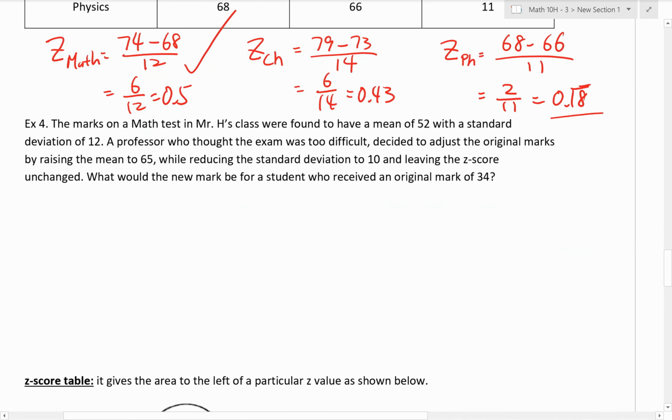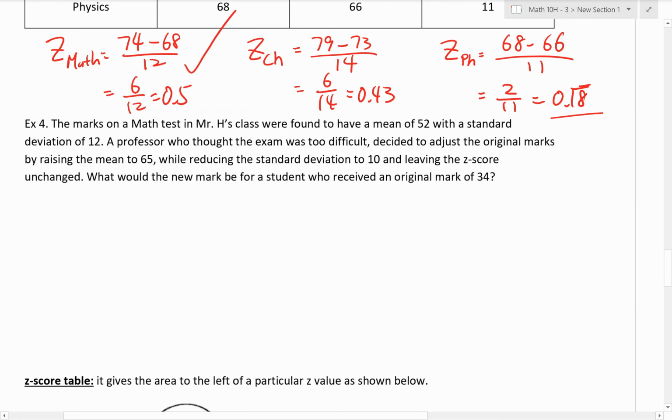Okay, example 4. The marks on a math test in Mr. H's class were found to have a mean of 52 with a standard deviation of 12. The stats professor thought this exam was too difficult. He looked at my class and thought this is too difficult, so he decided to change how the test is perceived.